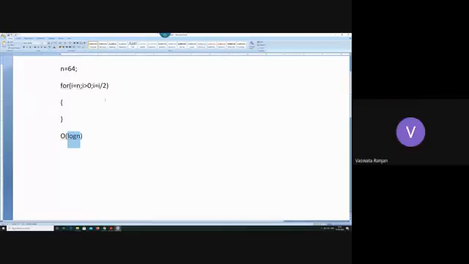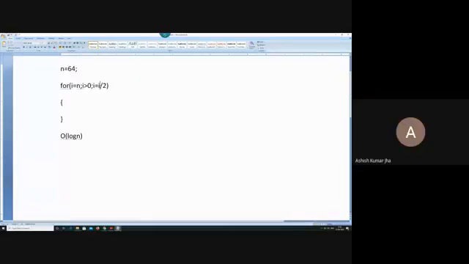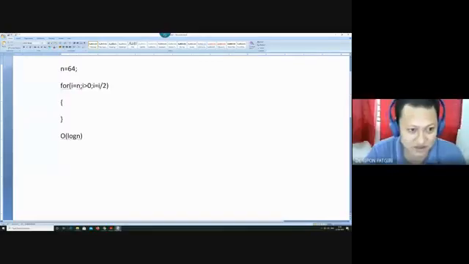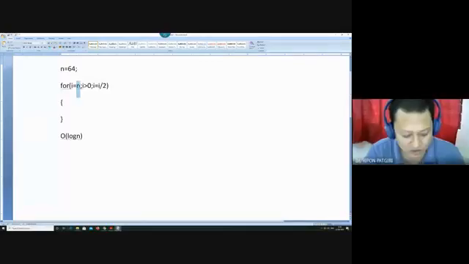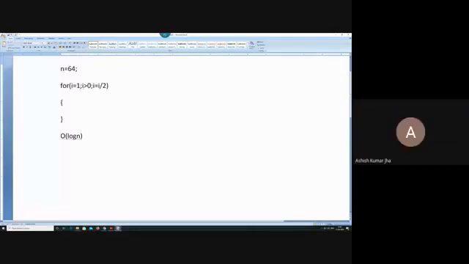Sir, this means that if we change the 2 into 3, the base will change to 3. The base changes as per the iterations.